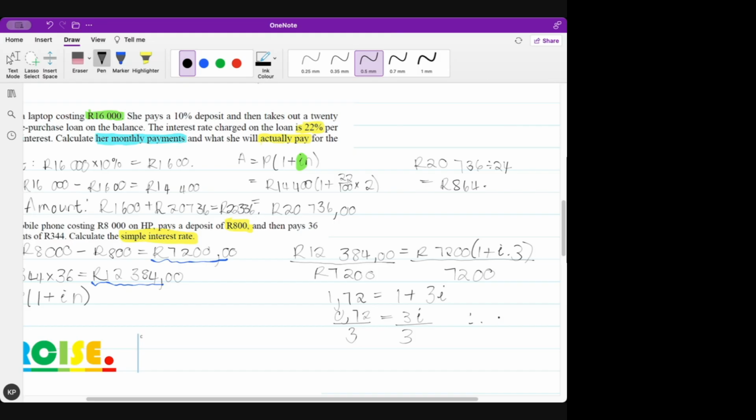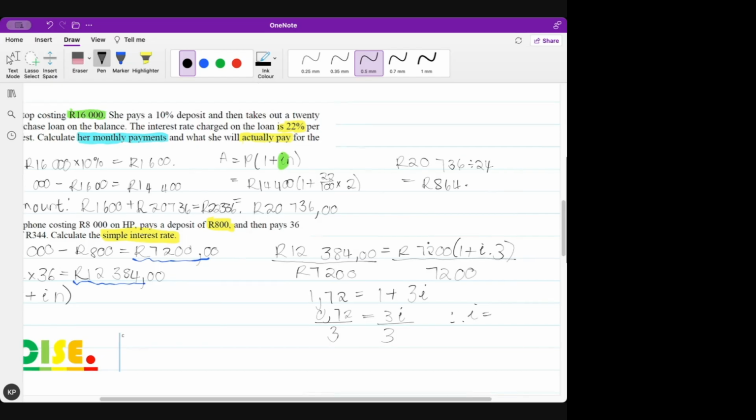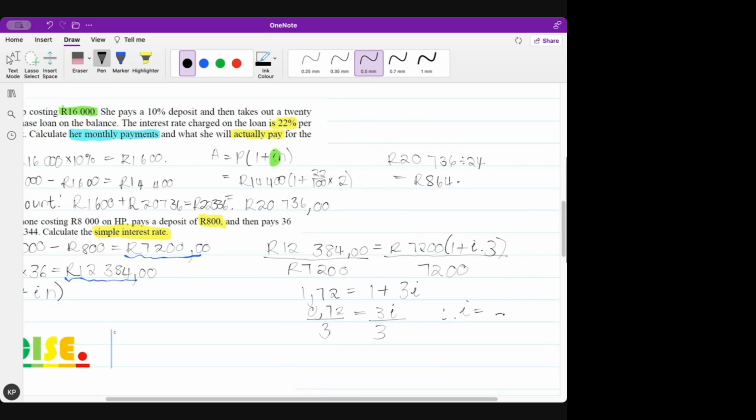And therefore, my interest rate I is equal to 0.72 divided by 3, which is 0.24. Remember that is not a percentage, that's a decimal. So therefore the percentage is 24%.